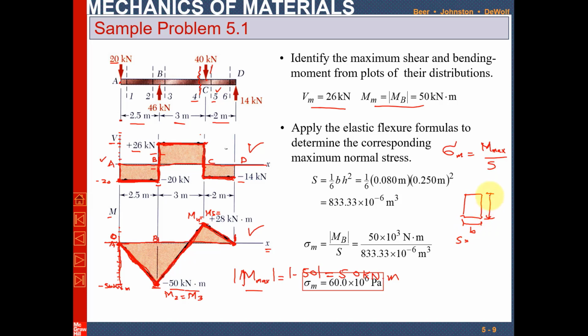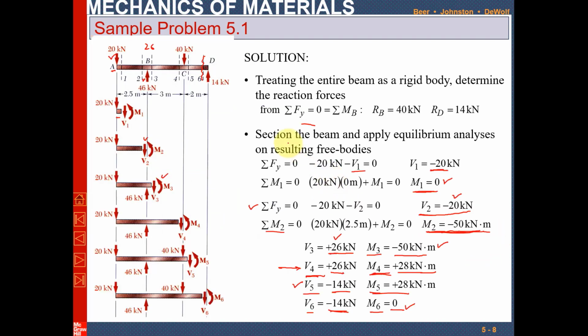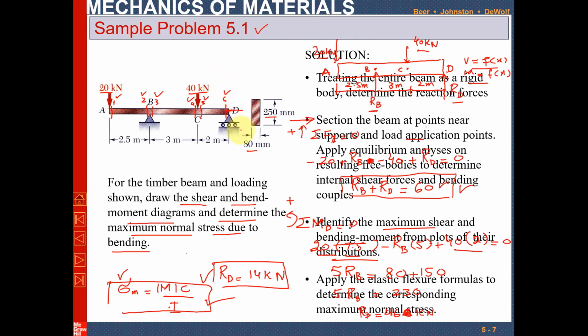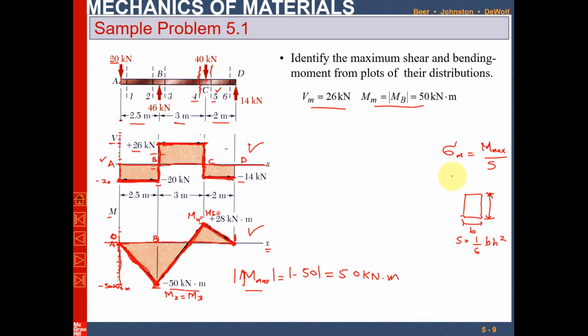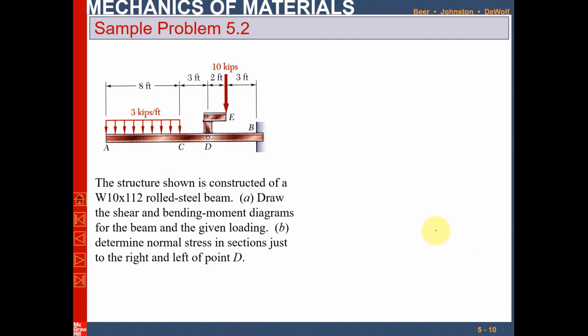So the section modulus for a rectangular beam is 1/6 times B H square. If you look at the start of this problem, B is 80 mm and height is 250 mm. You have to convert them into meters, because this length is in meters. So for consistent units, you have to convert it into meters.